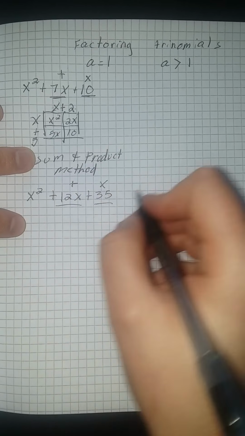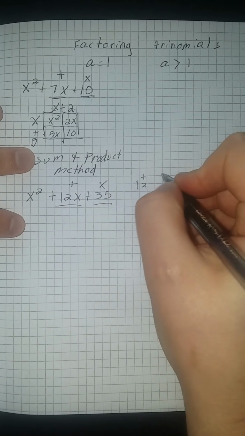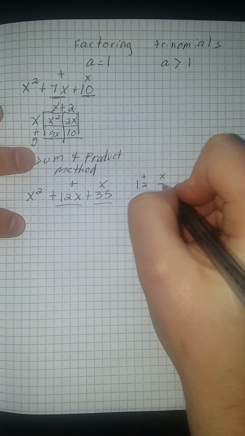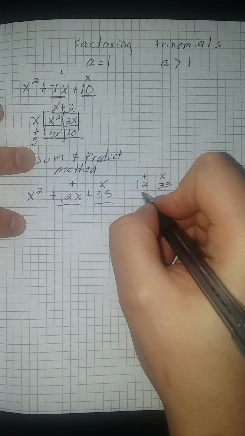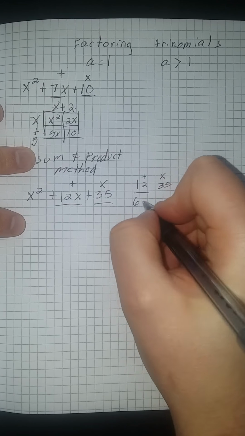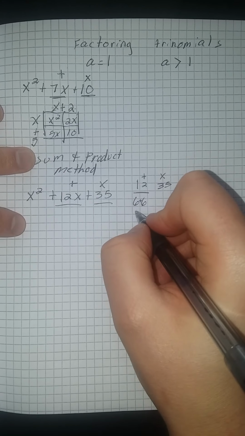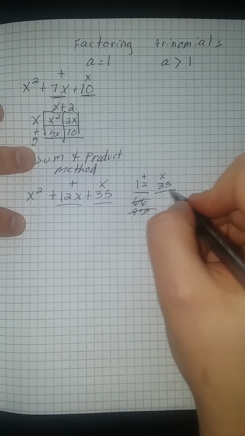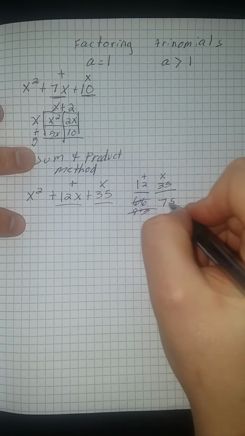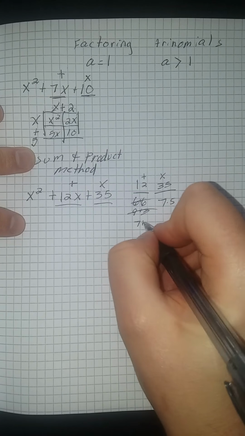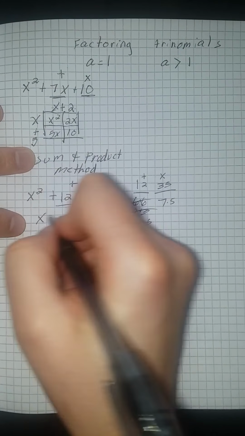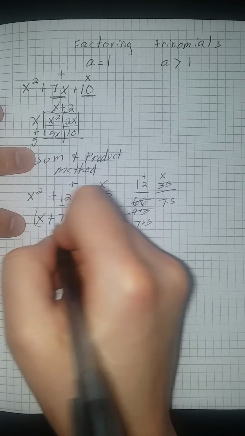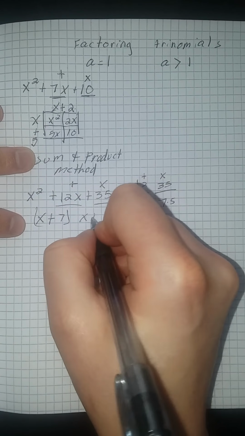What 2 numbers add to make 12, but also multiply to make 35? Well, let's see, numbers that add to make 12. 6 and 6, 9 and 3. None of those are making 35. Of course, the answer is 7 times 5 and 7 plus 5. So the answer you can write as a binomial pair, x plus 7, x plus 5.